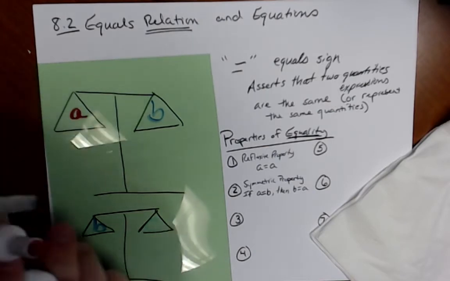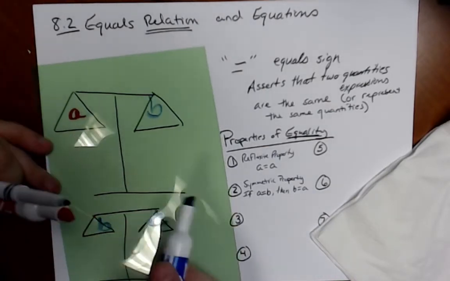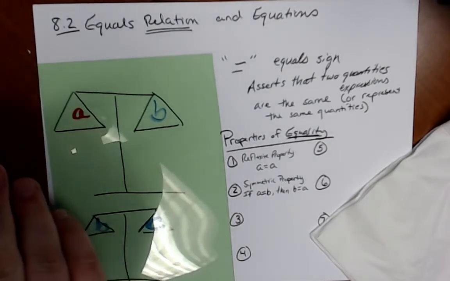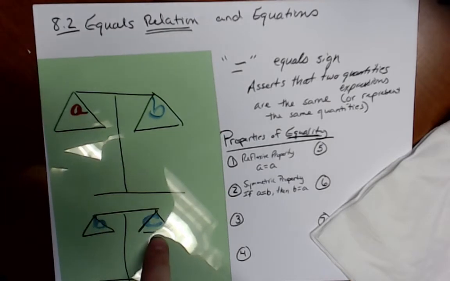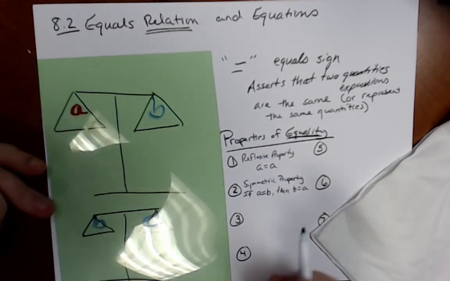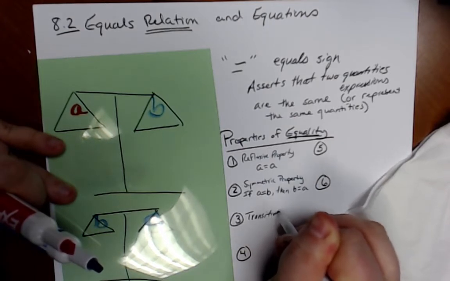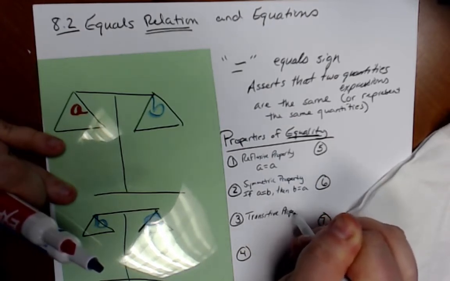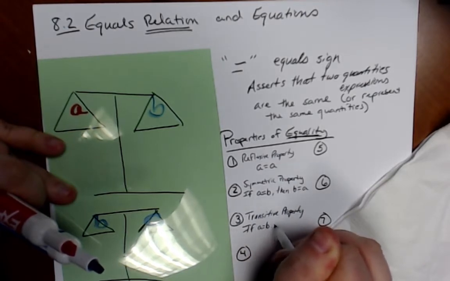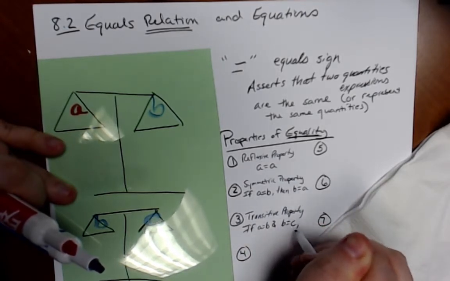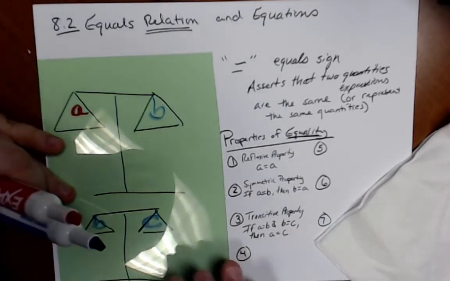I'm going to use blue again, I suppose. If A equals B and B equals C, then A equals C. And this is called the transitive property. If A equals B and B equals C, then A equals C.